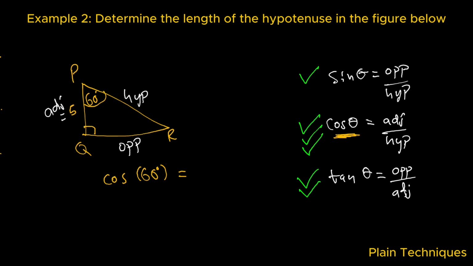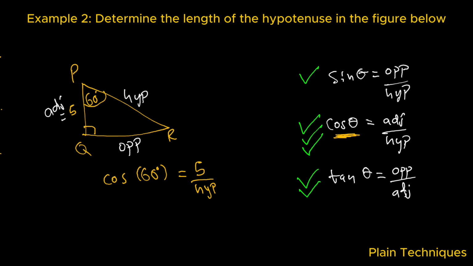I'm going to write 5, which is the value of the adjacent. But we are looking for the hypotenuse. We don't know it. I can put hypotenuse here, or I can put PR. It's up to you. I'm going to say hypotenuse, that is what we are looking for.